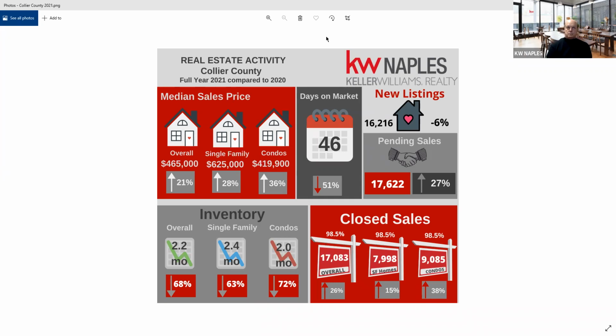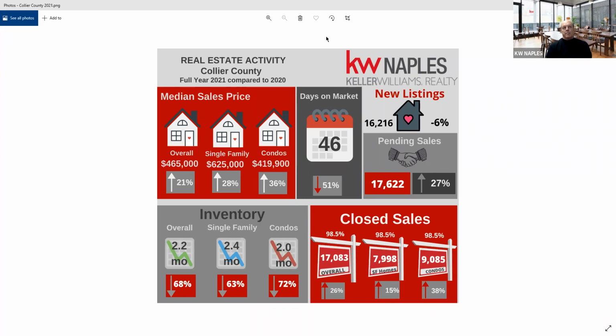So obviously in 17,000 sales, they're looking at the middle price in there, and it's right around 465. Now median is not average, so it's the middle price, above which half are above and half are below. We use median because it's a little bit more stable in our market, although we publish the average in the media stats.